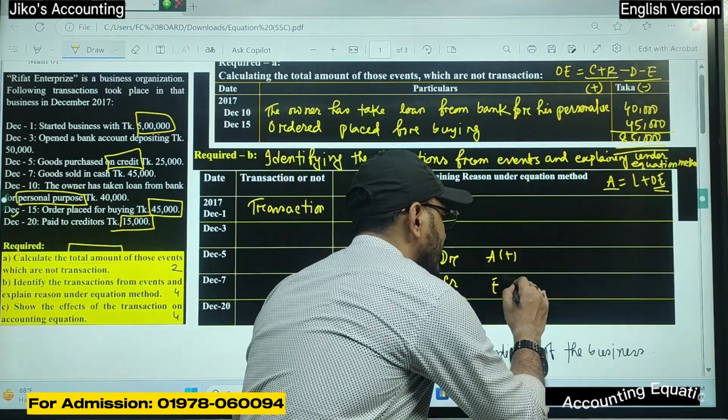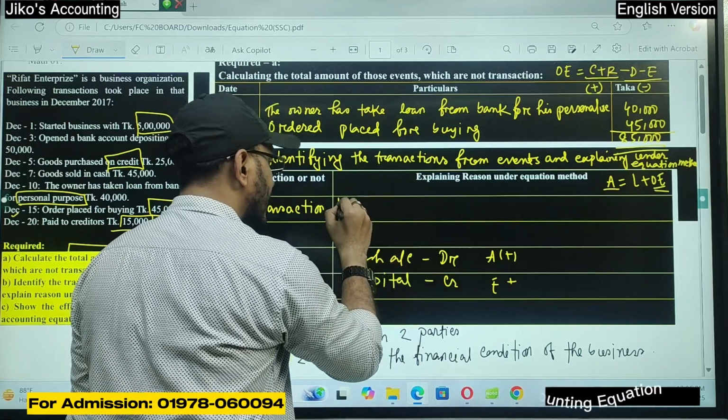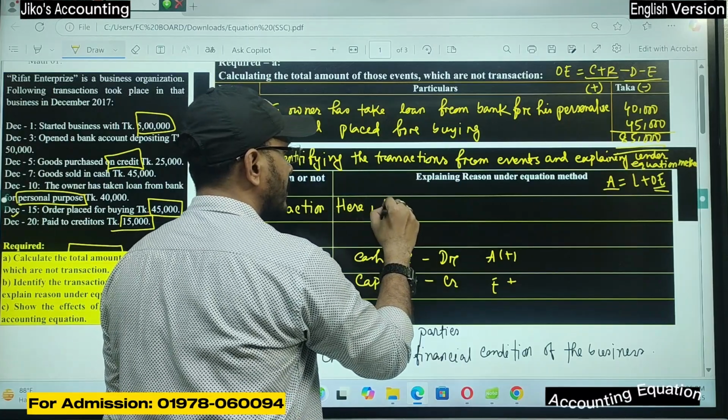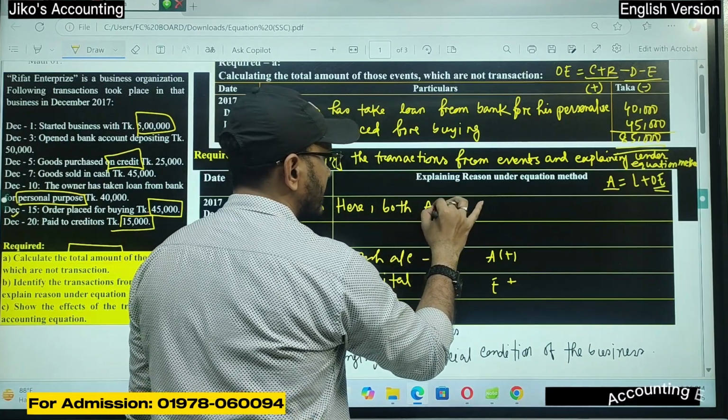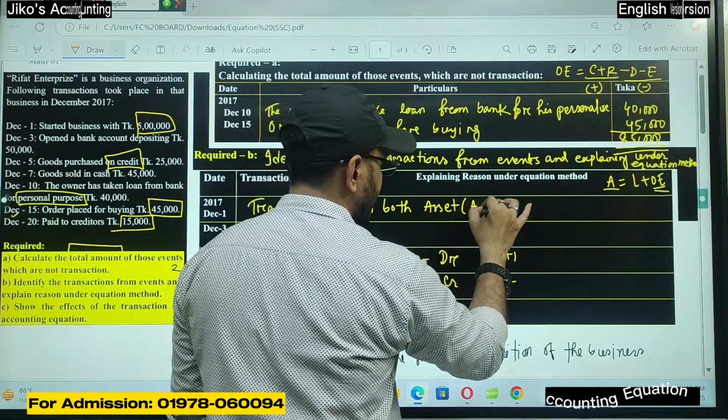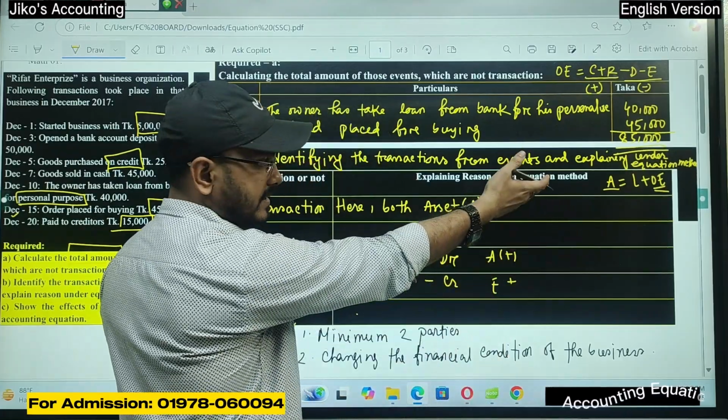That means equity increased. So what do we have to write down here? Both asset, because cash is an element of the asset.